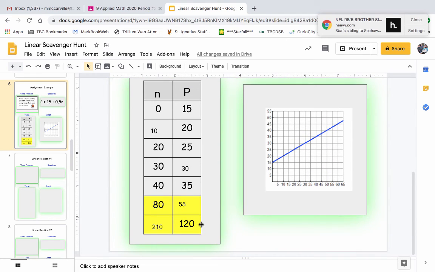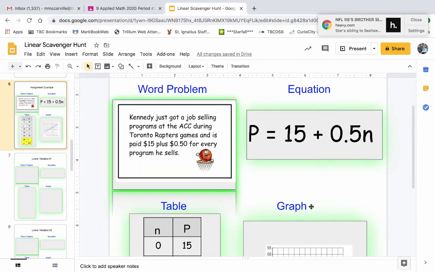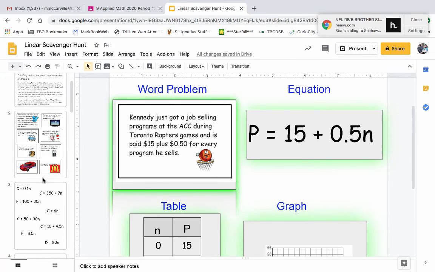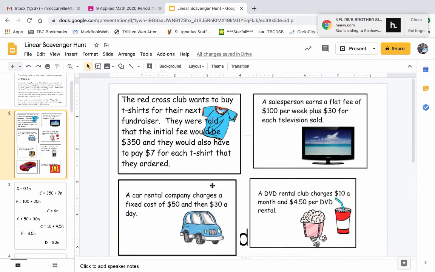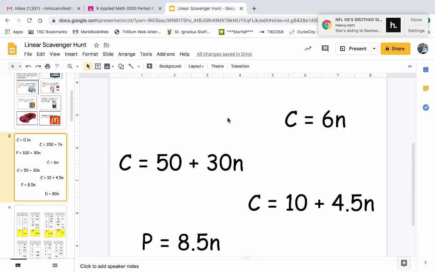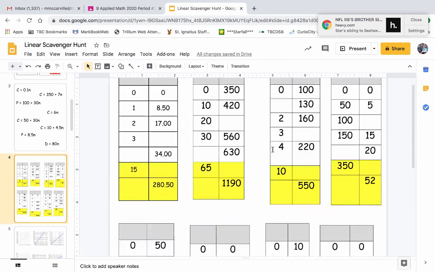That is what you have to do for each of the 8 relations. If you look, guys, page 2 has 8 different word problems. Page 3 has 8 different equations. Page 4, 8 different tables of values.